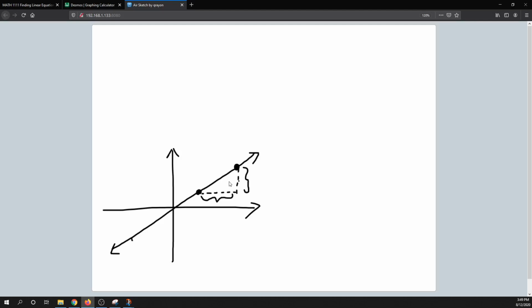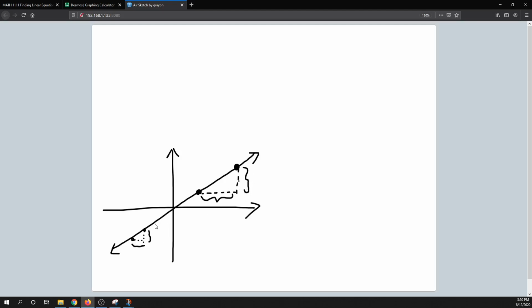So I might pick 2 points down here, that are on the line, and I might make this little tiny triangle. The sides of this triangle are going to be a lot smaller than the sides of this triangle right here. But if I take the length of this side and divide by the length of this horizontal side, it's going to be exactly the same as what I get over here, okay?